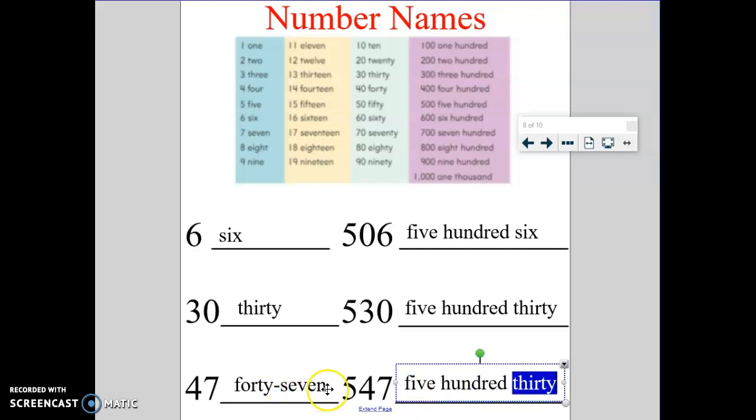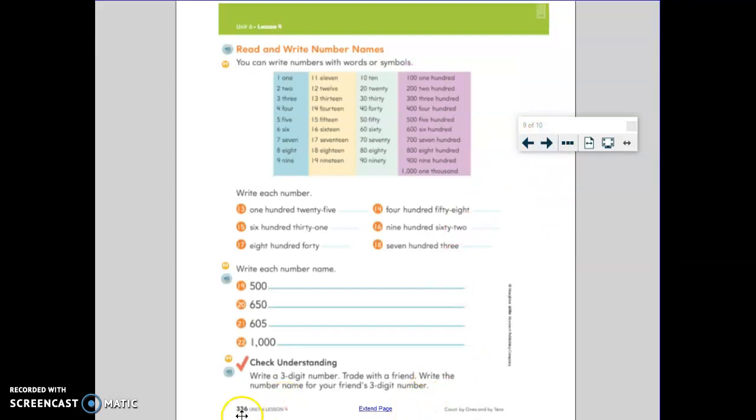So here's how we did 47. 40-7, just like that.